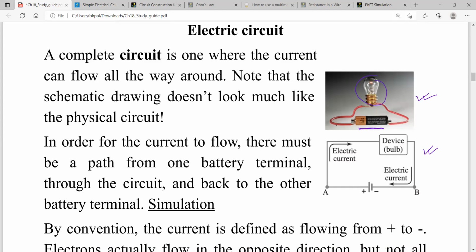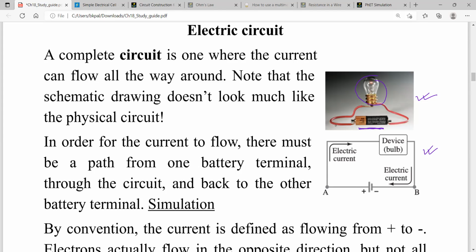Here the light bulb is a device, and this device could be anything. It could be a computer, your mobile phone, or the fan. So the device is basically any electric device, and the battery is the source of potential difference.